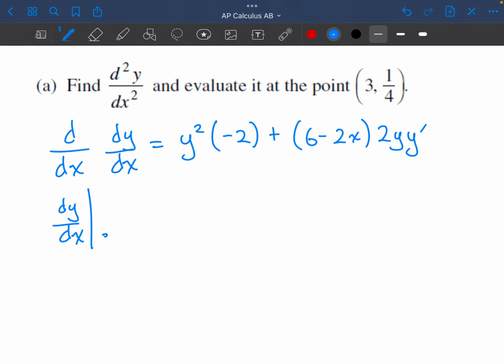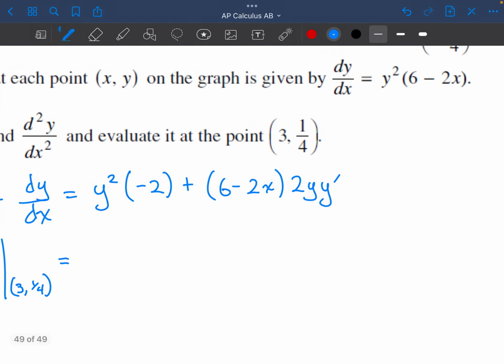And I do an evaluation bar to let myself know that I'm plugging things in. So I'm essentially rewriting all of this, but in the place of y and x, I'm plugging in a 1/4 and a 3.